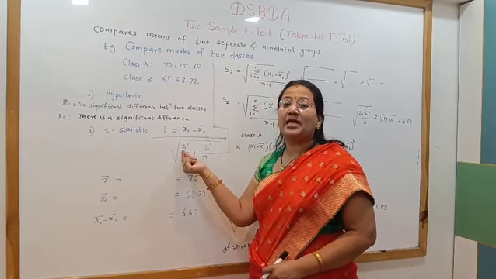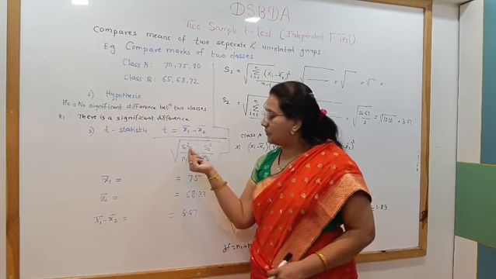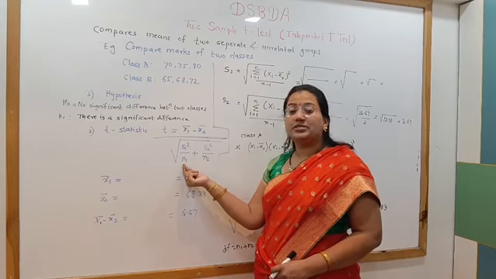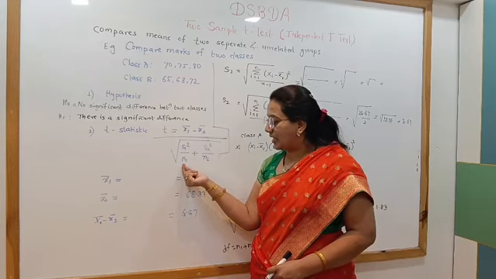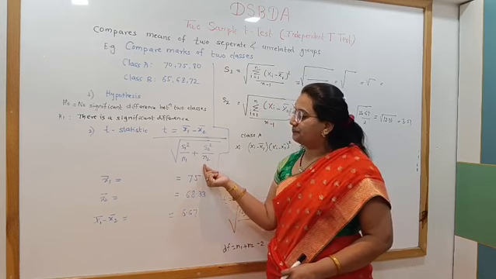Here s1 is the standard deviation for group or class A, s2 is the standard deviation for class B, n1 is the total number of samples of class A and n2 is the total number of samples of class B.